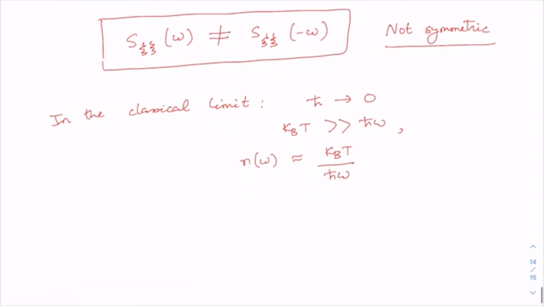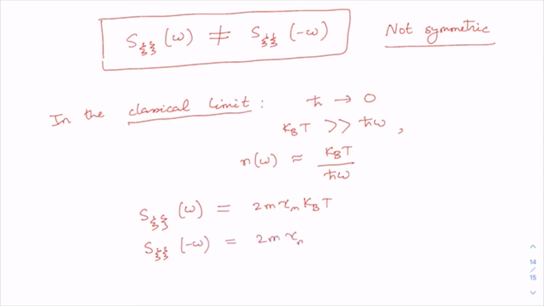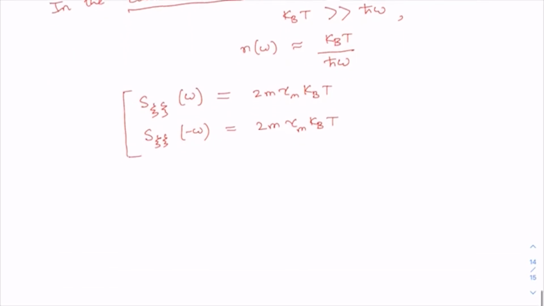Utilizing this, you can show that the spectral noise density function in the classical limit would be twice m gamma m kB T, and if it is evaluated at minus omega, this will also give you twice m gamma m kB T. So in the classical domain, the spectral noise density function is symmetric.